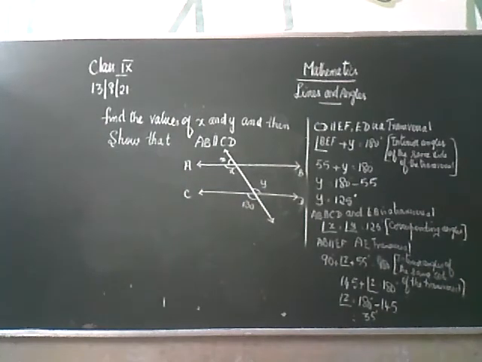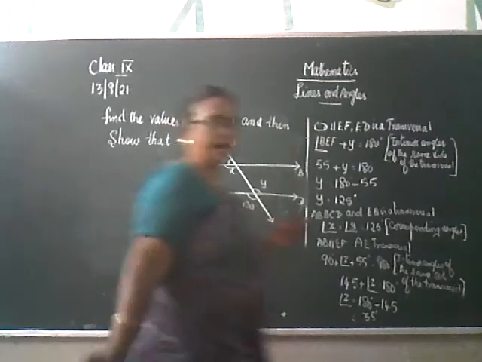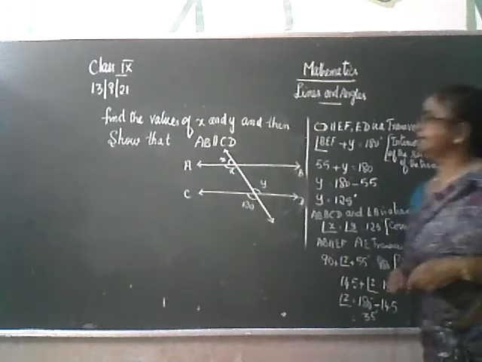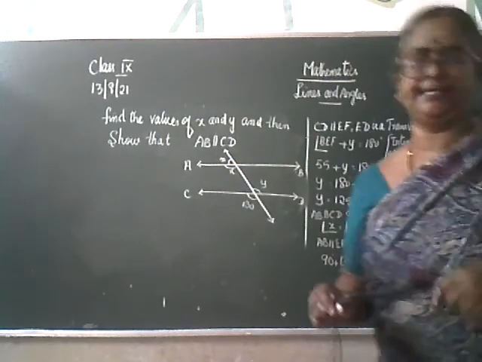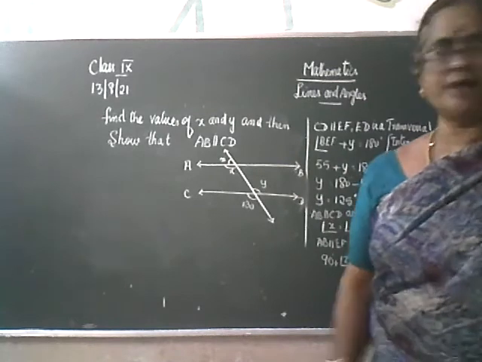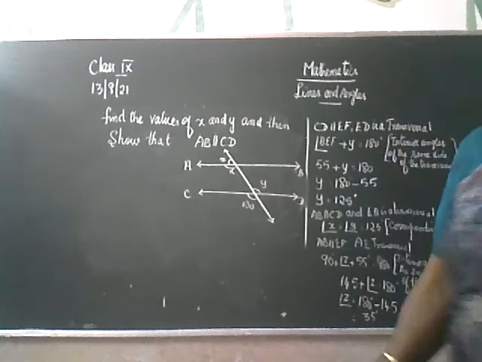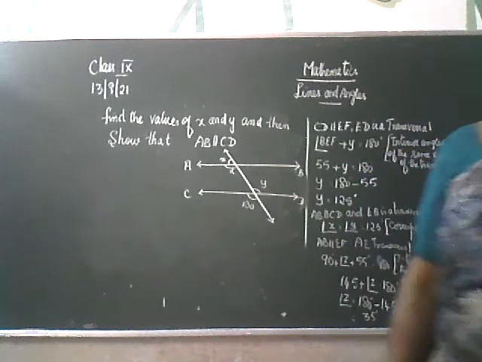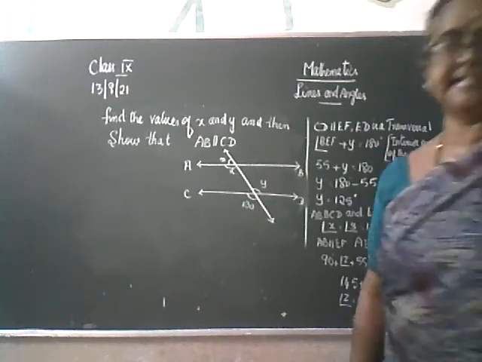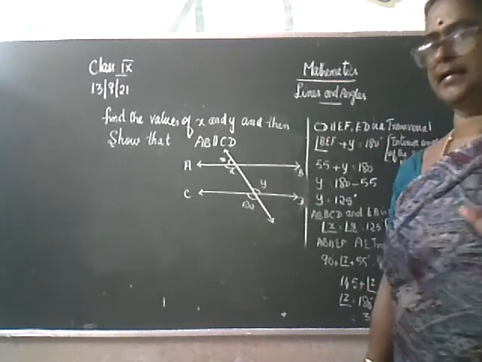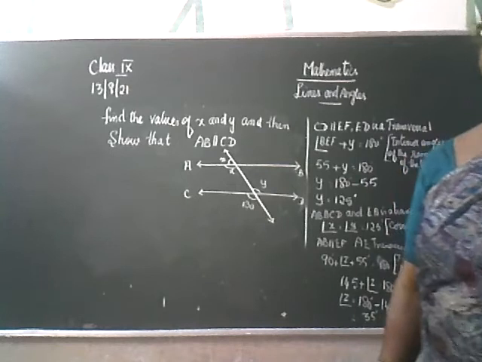So let us see this sum. Find the value of x and y and then show that AB is parallel to CD. So here it has not been given that AB is parallel to CD. We must prove it. When we must prove it, you must see whether alternate angles are equal or corresponding angles are equal.